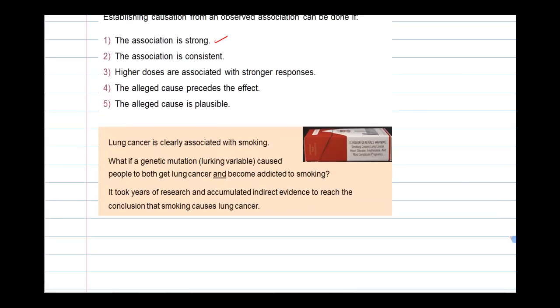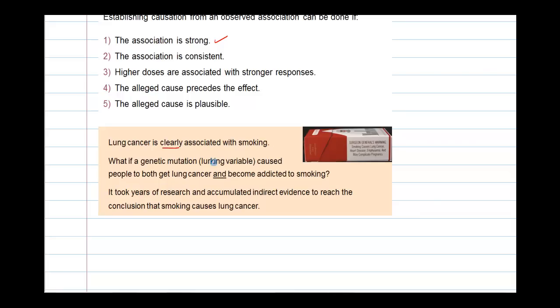Those are some things that should be in place, and we can look at this in relation to smoking. Lung cancer is clearly associated with smoking. This has been established over many years. There's some sort of relationship here. Some people might argue about the strength of the relationship, but there is some sort of association. Let's say there could be a genetic mutation that causes people to both get lung cancer and become addicted to smoking.